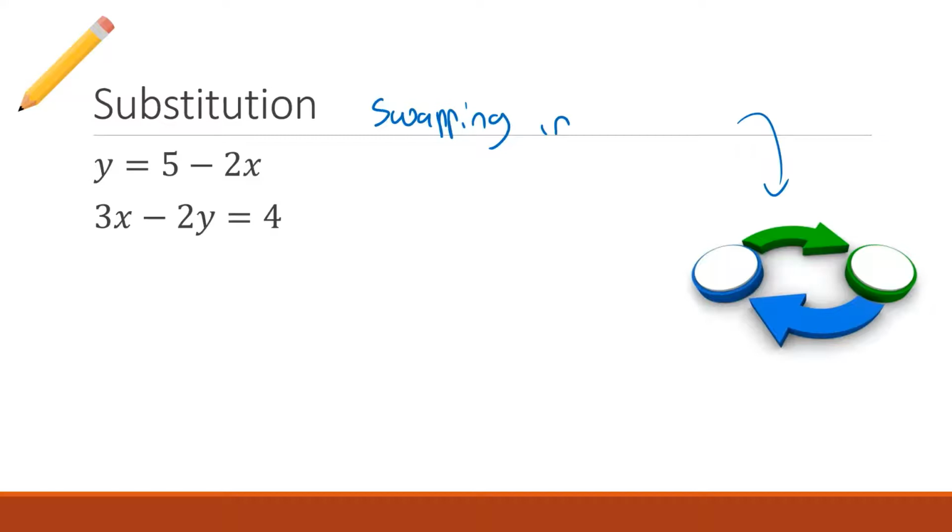Sorry. So when I've got these 2 equations here, this first one is in terms of y. What that means is in substitution, in this second one, I've got 3x take away 2y.